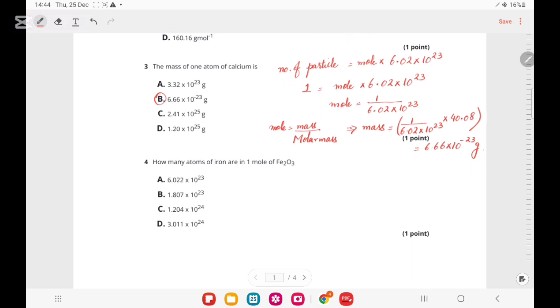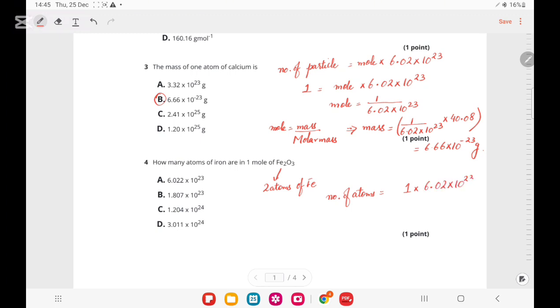In the next question, they want us to find the atoms of iron in 1 mole of Fe2O3. So in order to find the number of iron atoms, just remember, iron oxide contains 2 atoms of Fe. There are 2 atoms of iron in it. So what we are going to do, we are going to use the formula number of atoms is equal to mole, which is only 1 here, times Avogadro's number.